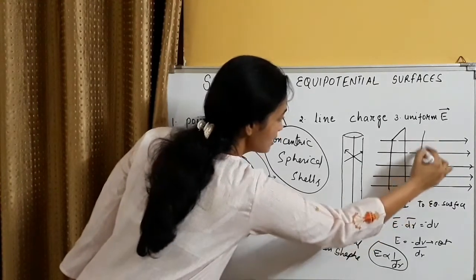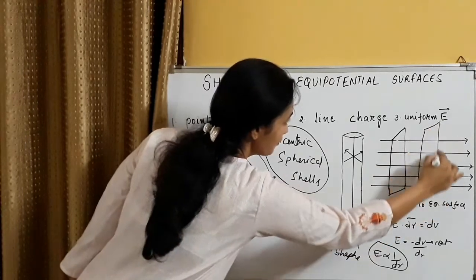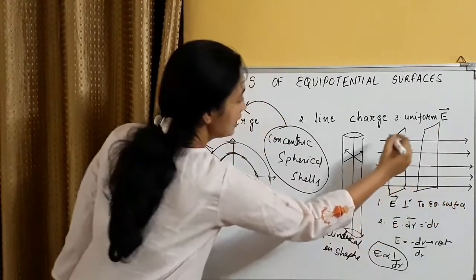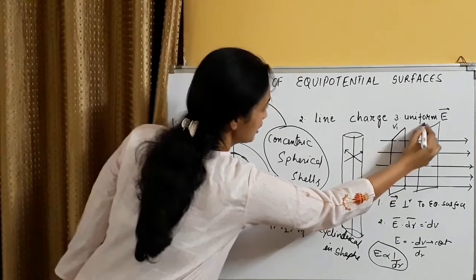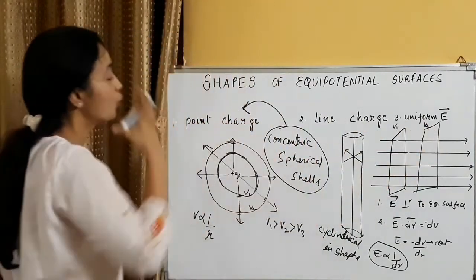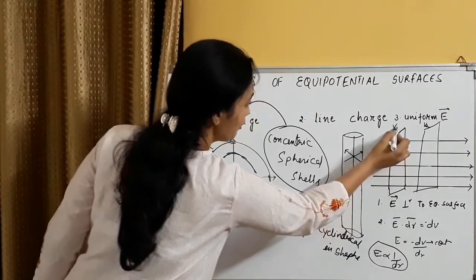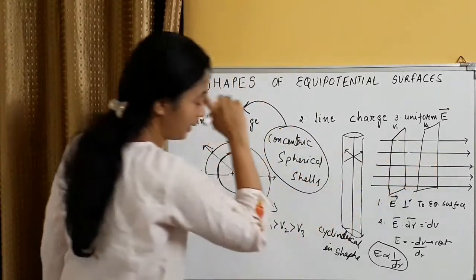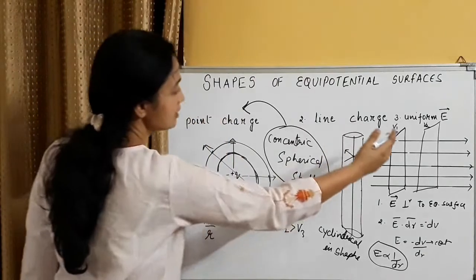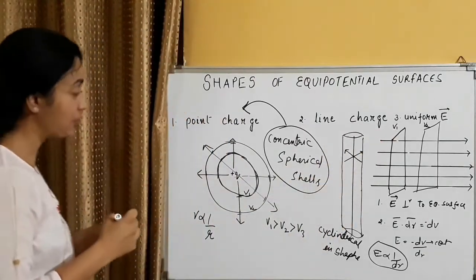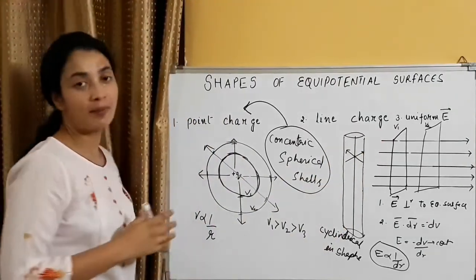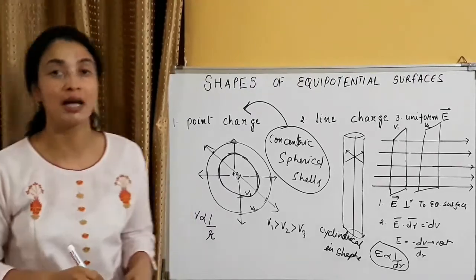Suppose this plane is potential V1, and this is potential V2. Over this entire plane the potential will be V1, but on a different plane it will be V2. And this is the shape of equipotential surface for uniform electric field.